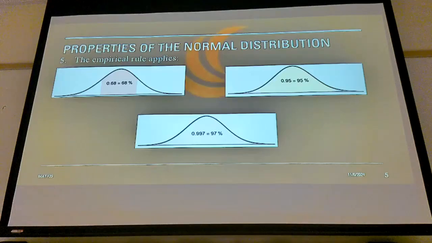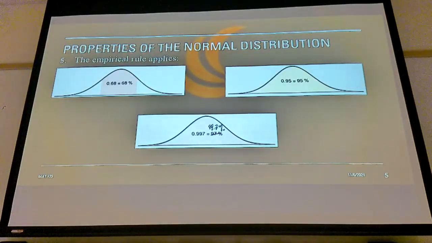Oh, that's not right. I don't have that image anymore either. I'll have to fix that later. It should be 0.997, so that should not be 97%, that should be 99.7%. So the area within 3 standard deviations of the mean is about 0.997.